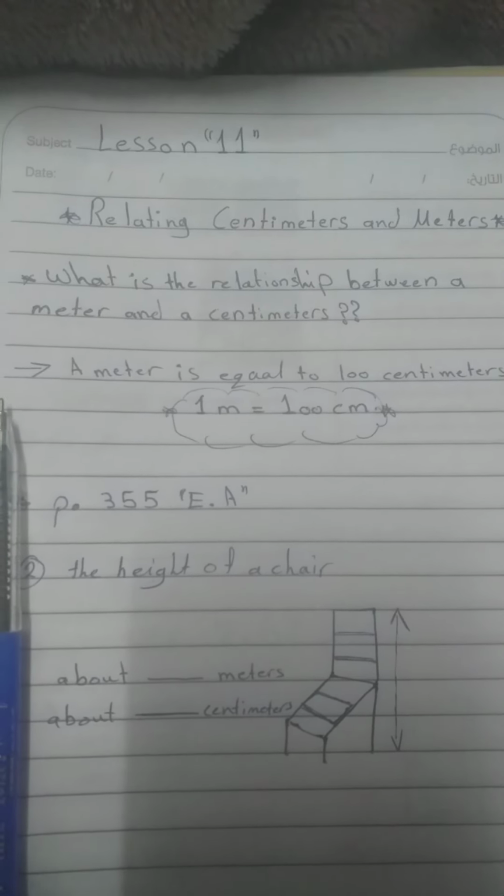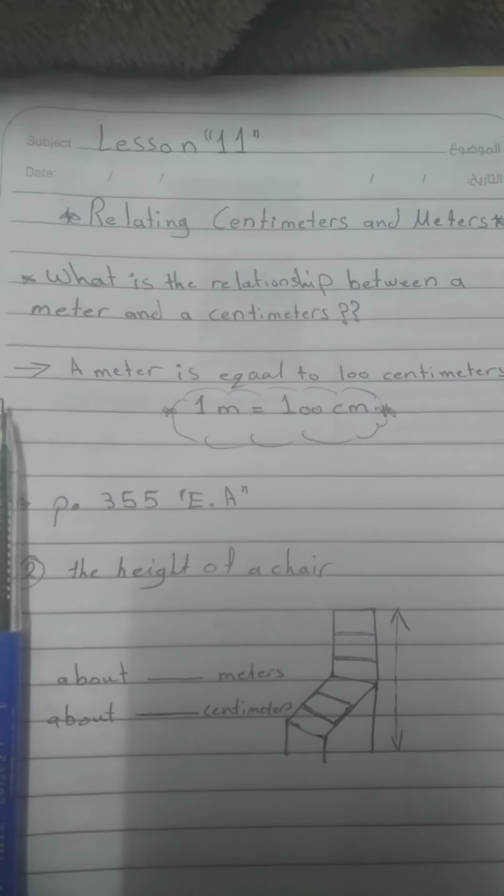Number 2, we have a chair. We have to measure it using meters. The chair is about how many meters? It's about 1 meter, okay? And how many centimeters? We know that 1 meter equals how many centimeters?